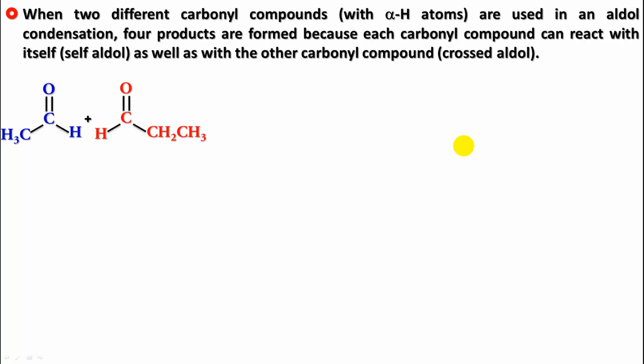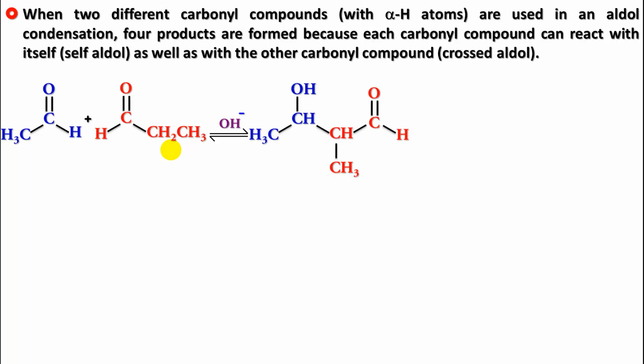If I assume that the alpha H of this molecule goes, then I'm going to get this product, where the alpha H of the red aldehyde, the propanal, is lost. And we can even have the alpha H of acetaldehyde being lost, in which case we will get this product.